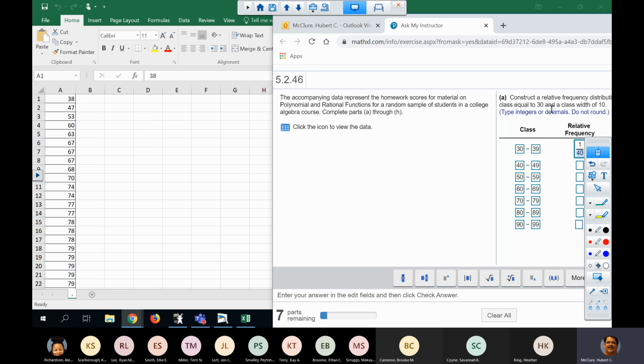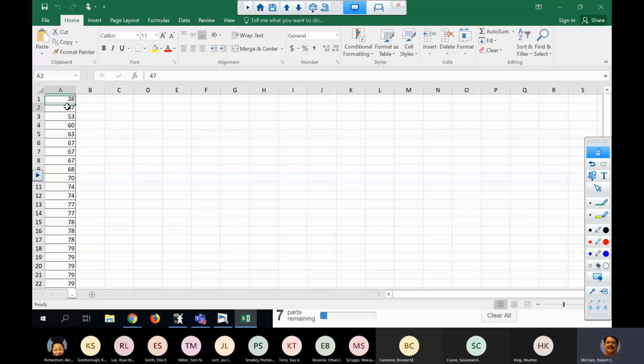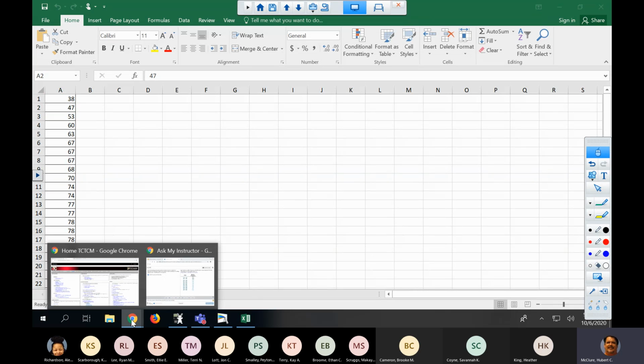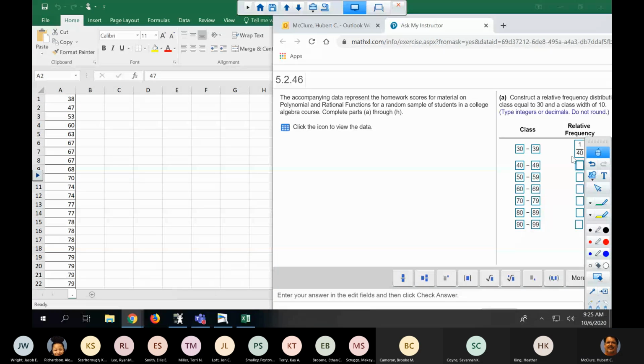It says type integers or decimals, so you're going to have to change that into a decimal. 40 to 49, 1, so that's going to be 1 over 40. 50 to 59, 1 over 40, and so on.